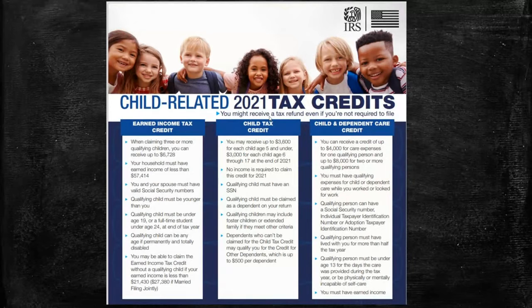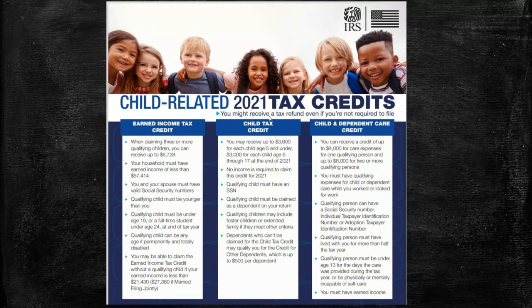So some taxpayers do not have any tax liability because of other credits or their income isn't high enough. Really these credits, the earned income one being an exception, that's always been refundable. But the child tax credit and the child and dependent care credit weren't very substantial because they weren't refundable. So once your tax liability was zeroed out, you got no more benefit from either one of these credits. But with the 2021 change, you now get a refund even if your tax liability is zero.